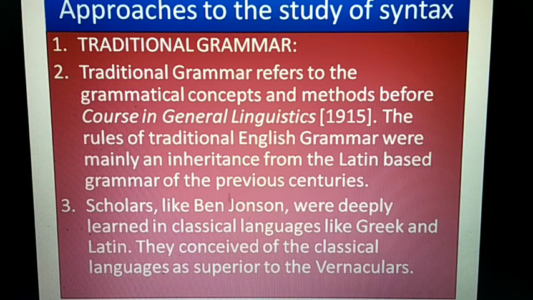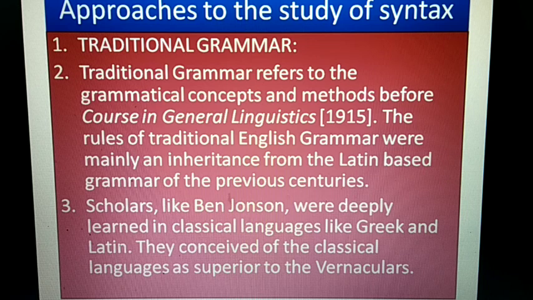And they conceived of the classical languages superior to the vernaculars. They thought that they are superior because they are university wits. They went to the university and they know the classical languages, and this kind of a superiority attitude these people had towards languages as well.